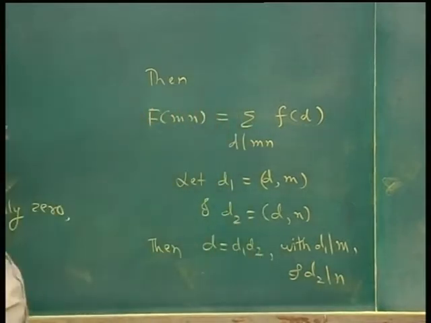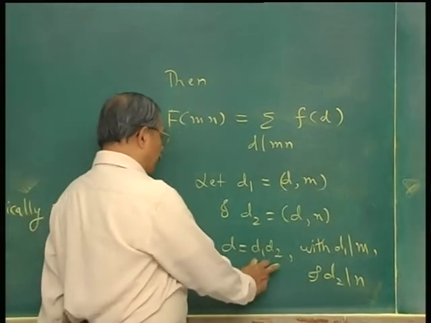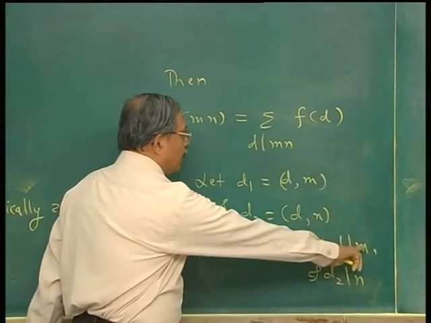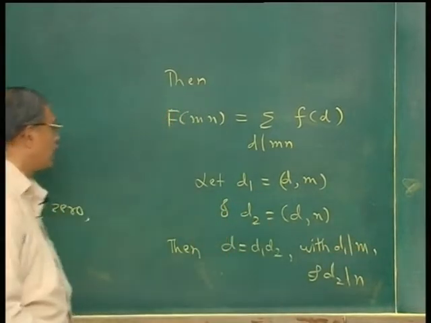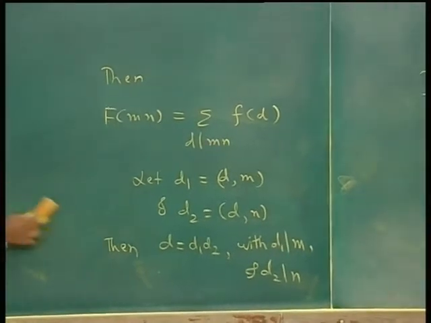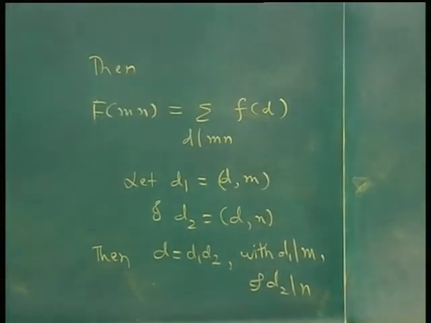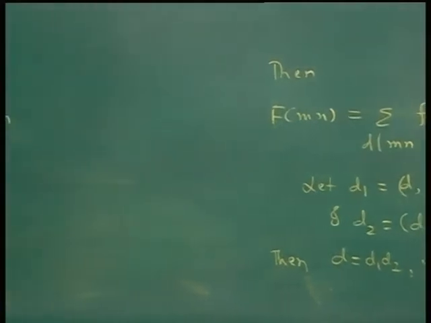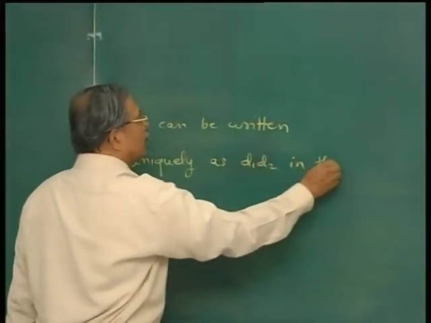And such d1 d2 are uniquely determined, that when you write d as a product of d1 and d2 with d1 dividing m and d2 dividing n, such d1 d2 are uniquely determined. d can be written uniquely as d1 d2 in this way.